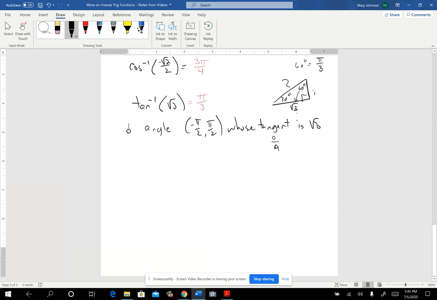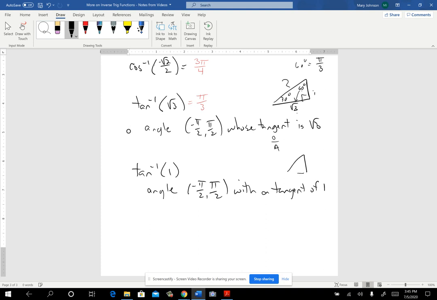All right, I got one more to do here. Tan inverse tangent of 1. So I want the angle in that range with a tangent of 1. Now you ought to remember that that's the 45, 45, 90 triangle. It's going to have a tangent of 1 because tangent is opposite over adjacent.